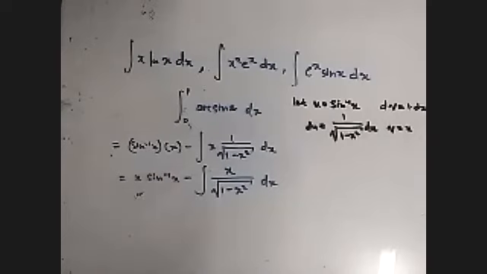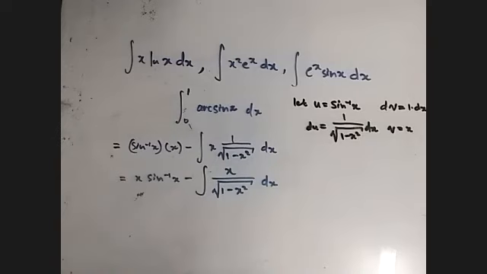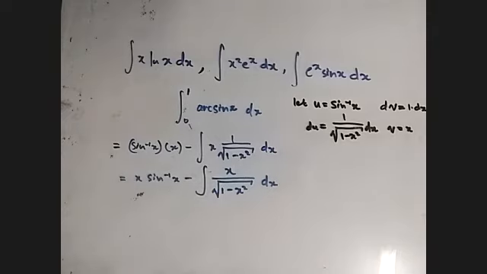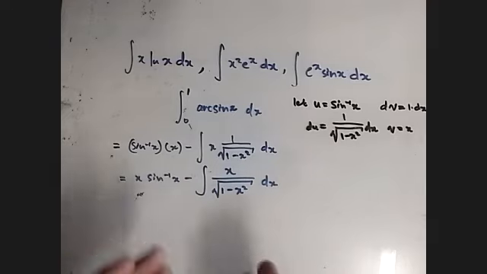Substitution. Okay, substitution. So the next question is, what are we going to do? What is the value that you're going to use as the substitution in this particular case?